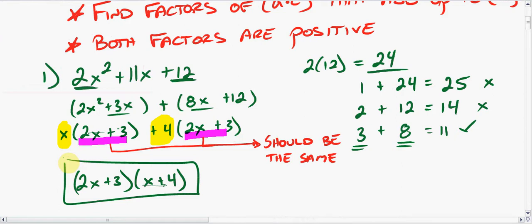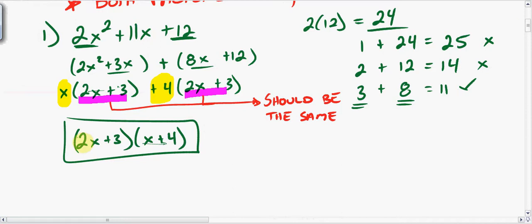And again, you can use foiling. I'll do it once here in this video to check. You can always do that. So I'm going to FOIL: 2x times x, and I get 2x squared. 2x times 4 gives me 8x. 3 times x gives me 3x, and 3 times 4 gives me 12.